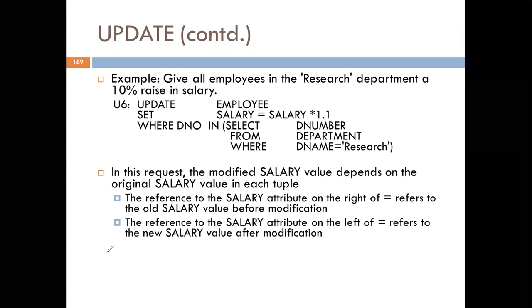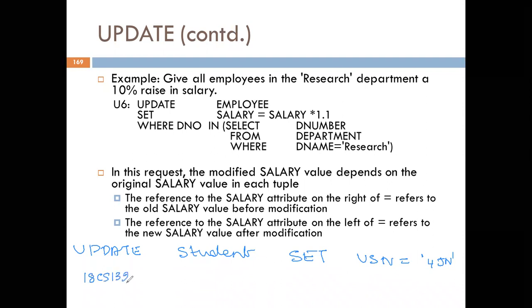So it will be like this: update student set USN is equal to the new USN value, that is 4JN18CS132, like this.